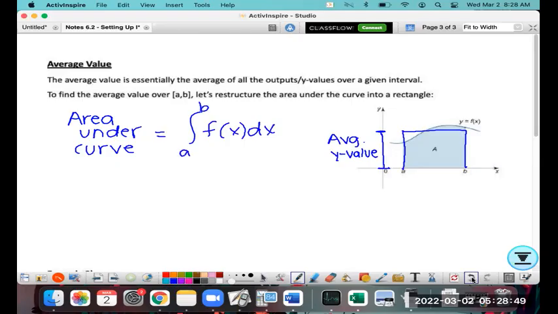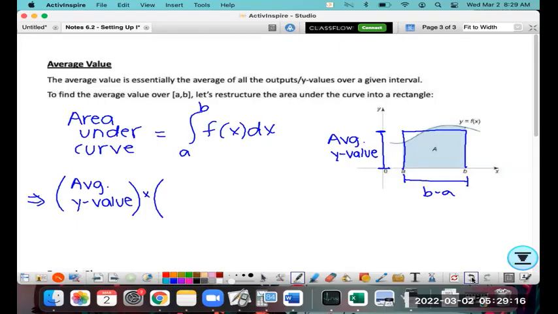But if I restructured that area correctly into that nice rectangle, I could just calculate the area under the curve by taking the height of that rectangle, which is the average y value, and multiplying by the width of that curve, which is just b minus a. And that would give me the exact area underneath the curve, if I've restructured it correctly.